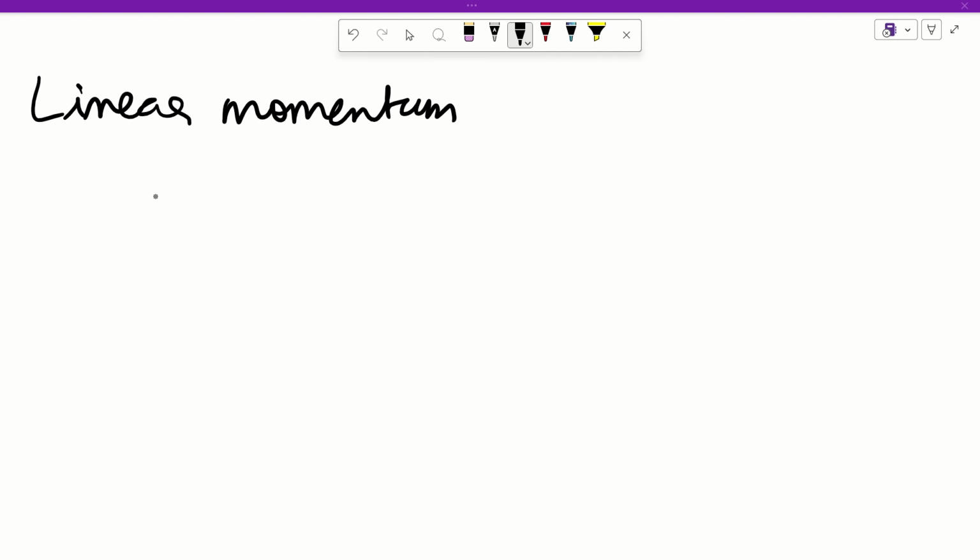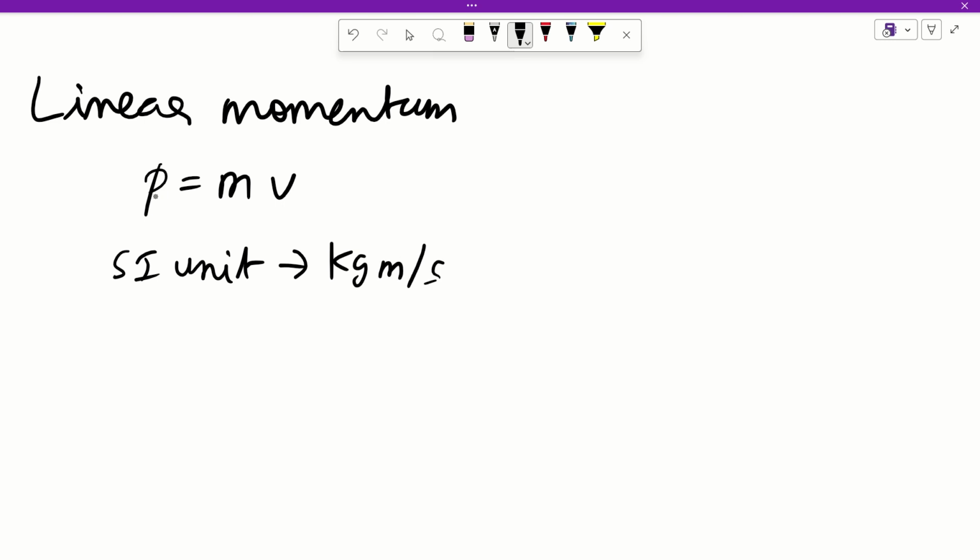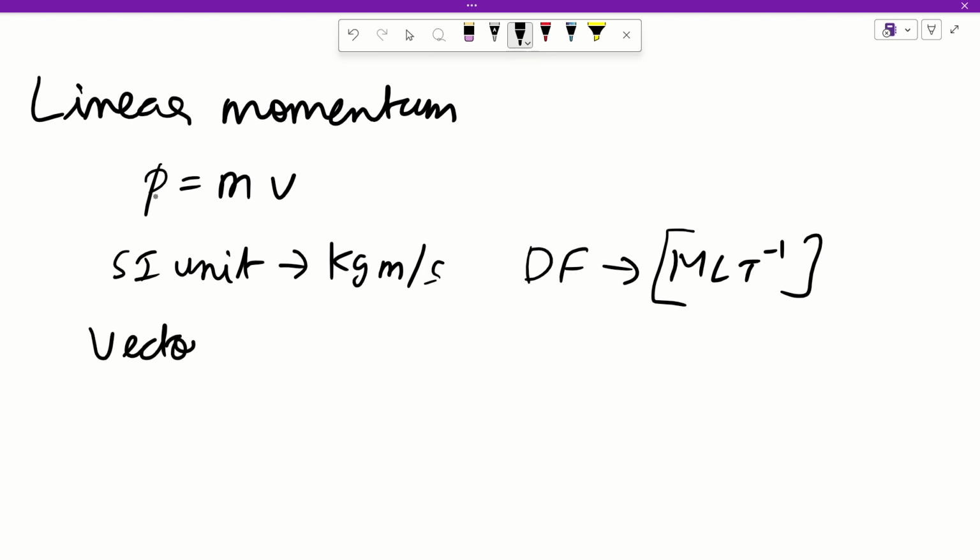It is denoted by P, which is equal to M into V, that is, M mass, V velocity. Its SI unit is kilogram meter per second, and its dimensional formula is MLT raised to minus 1. Okay, it is a vector quantity, and its direction is in the direction of velocity of the body.